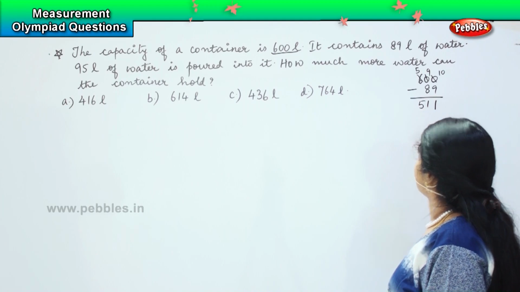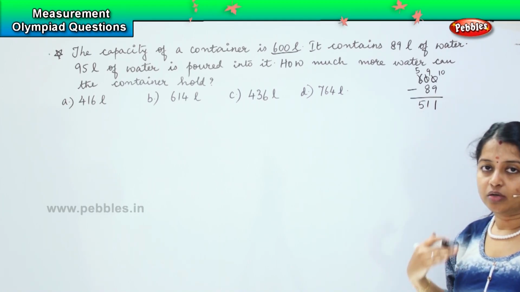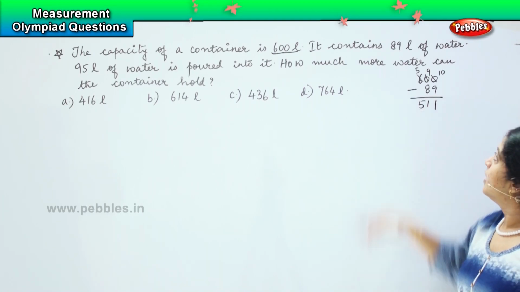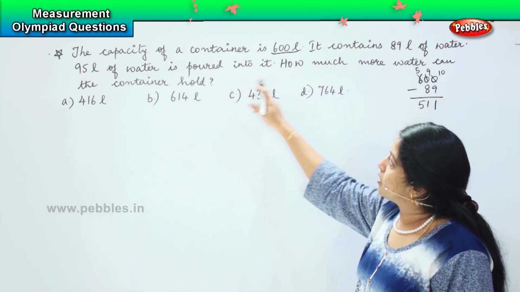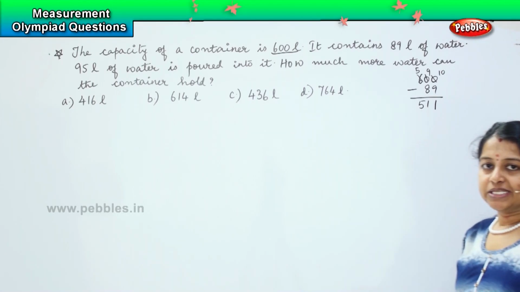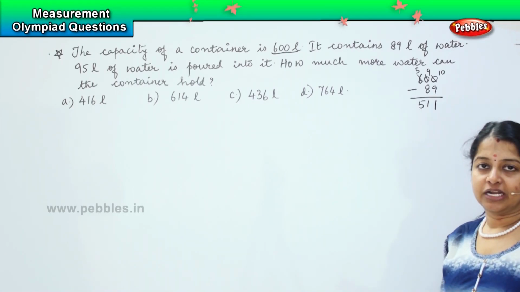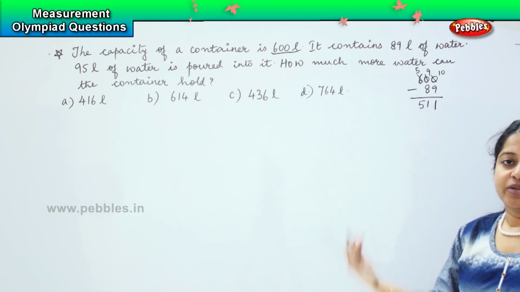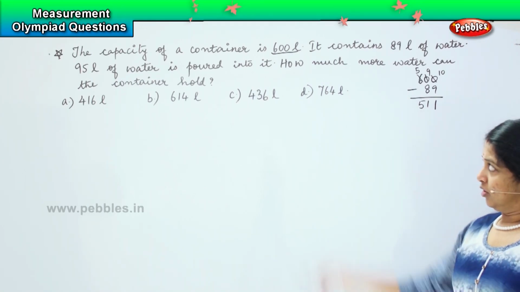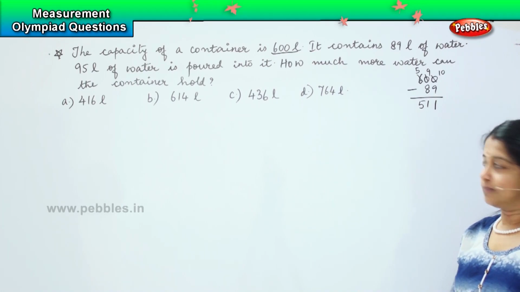So, which means that 511 liters of water can still be added. Okay. Coming to the next part of the question, 95 liters of water is poured into it. So, which means that they have added another 95 liters, and we need to find how many liters of water can still be added to make the container 600.